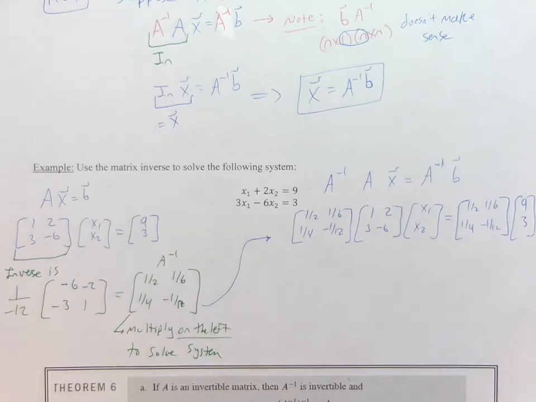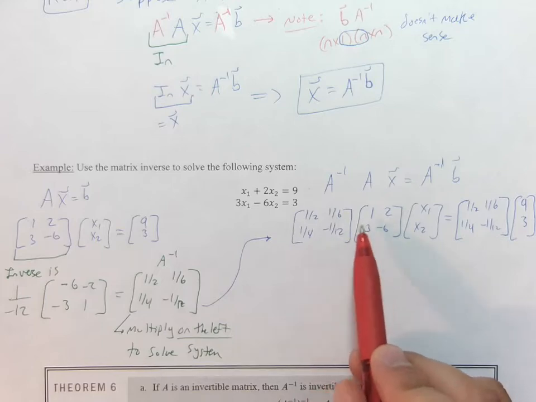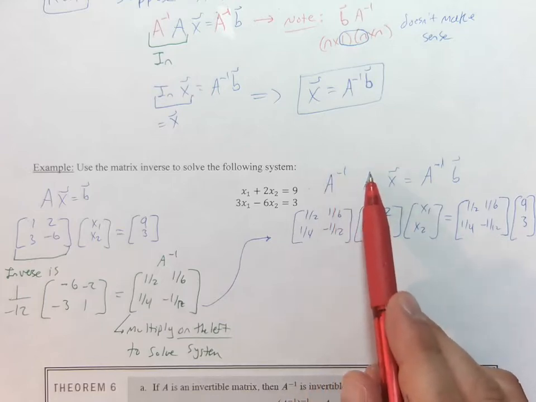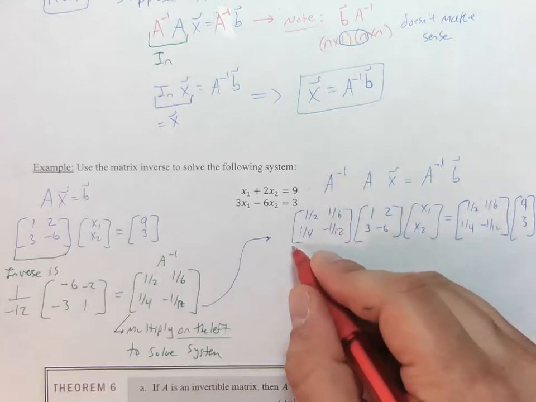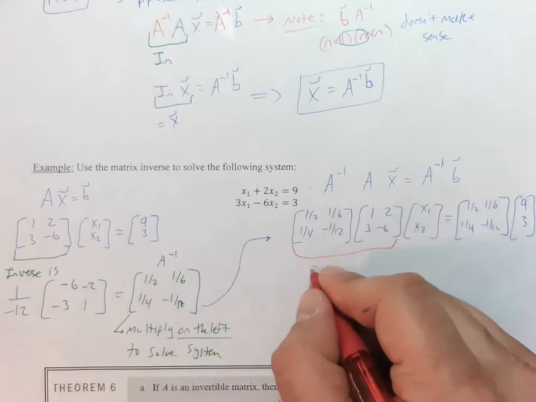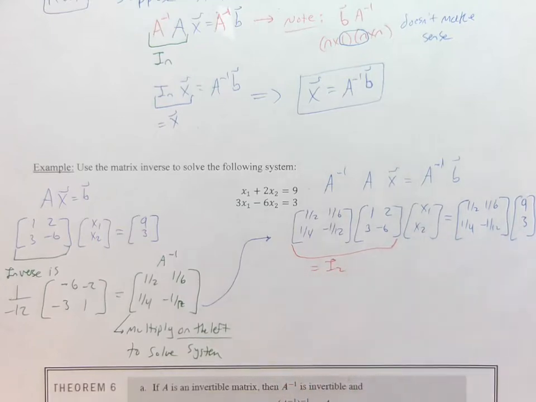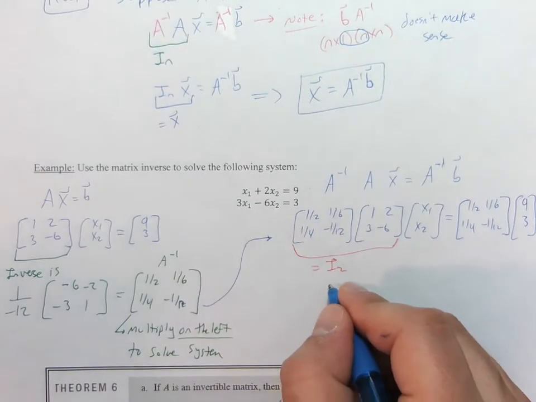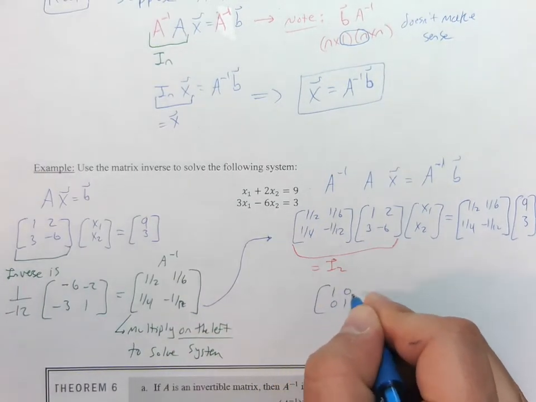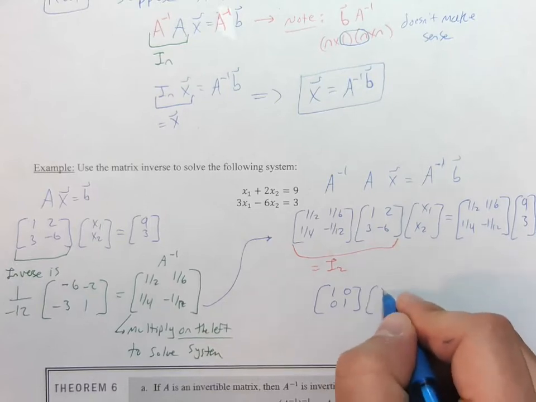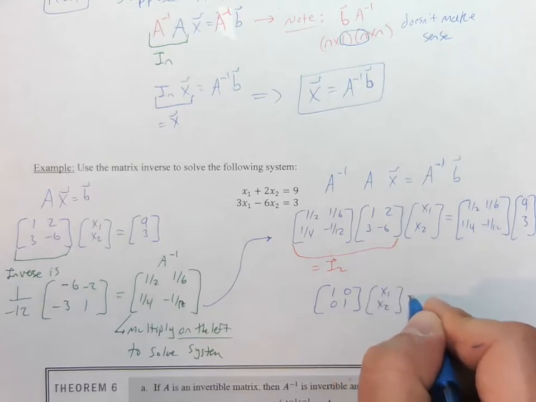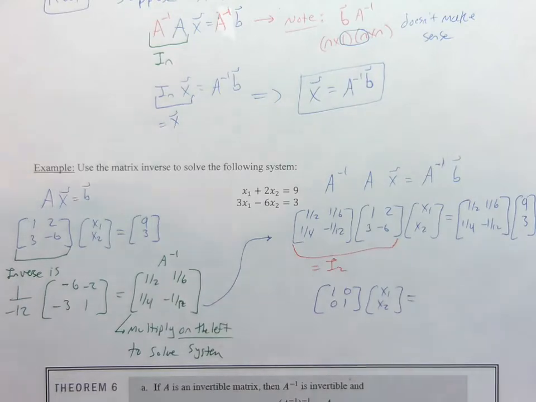And so the idea here is these two things are each other's inverse, right? This is A inverse times A, and so these two matrices just cancel into the 2 by 2 identity matrix. In other words, what we really have is 1, 0, 0, 1 times x1, x2 equals the right-hand side there.